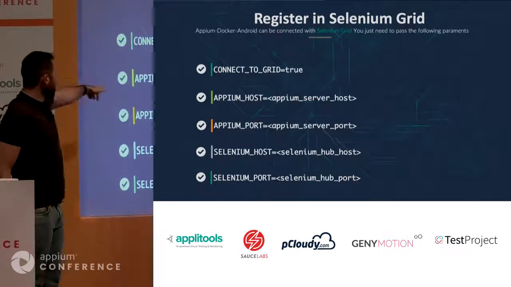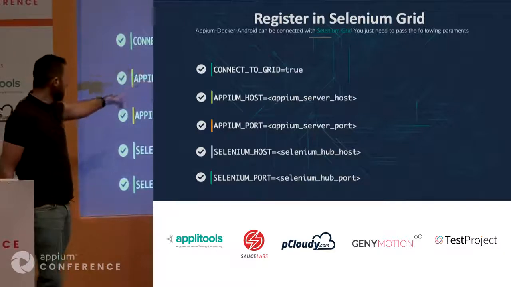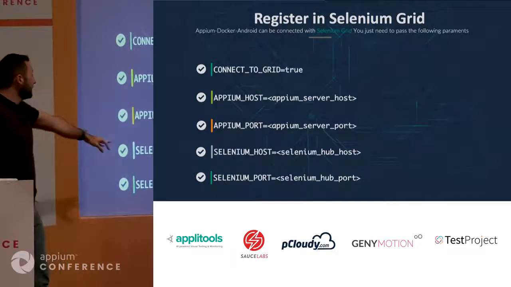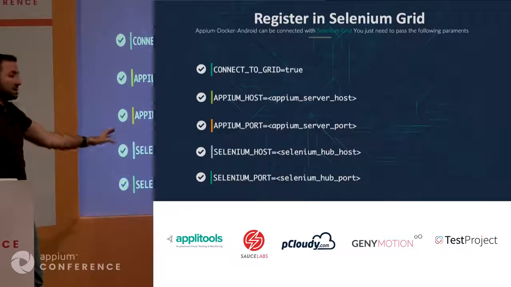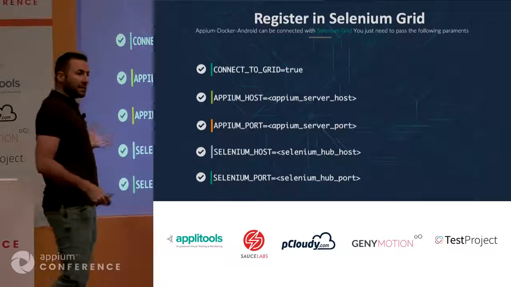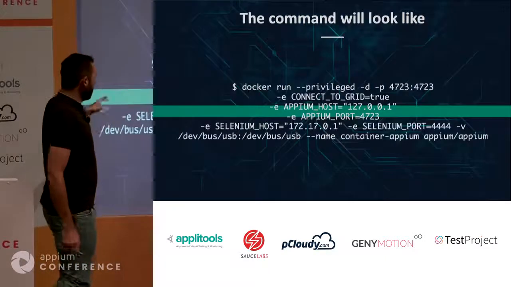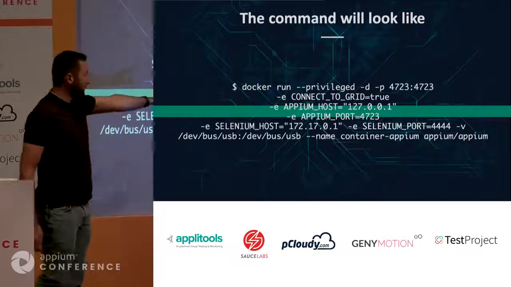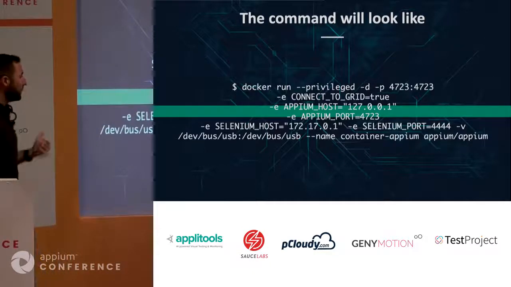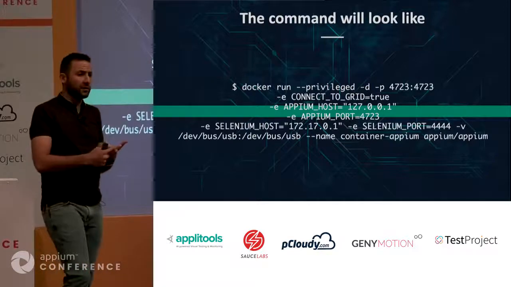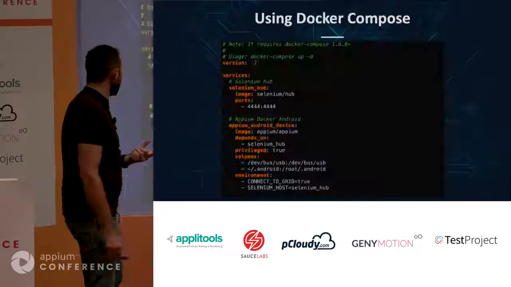We are passing the Appium host, the Appium port, and then the Selenium host and port. With passing these parameters, it's the same command with the specific parameters. We are connecting the specific Appium server to the Selenium host.